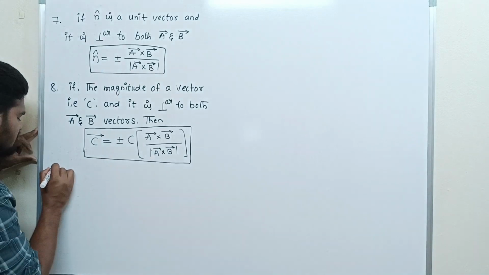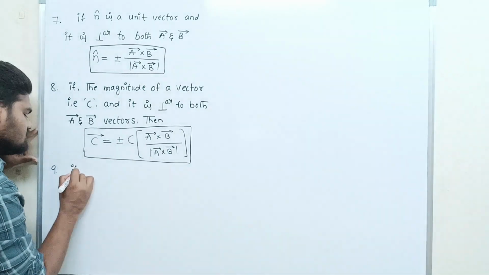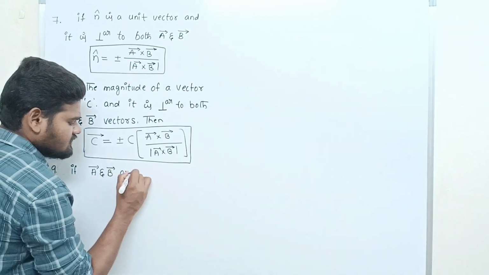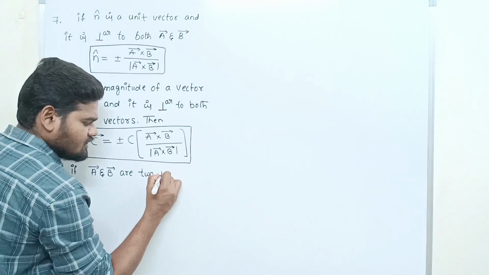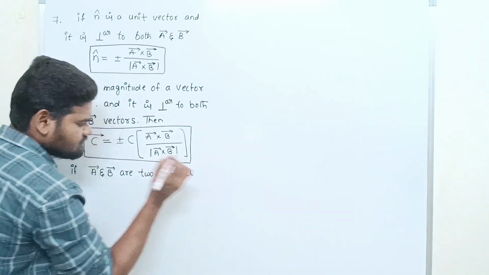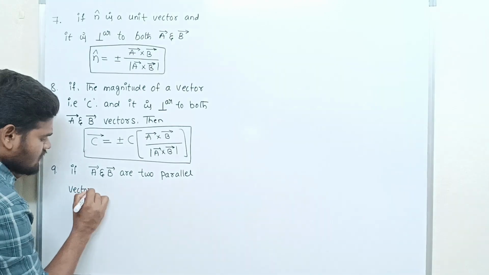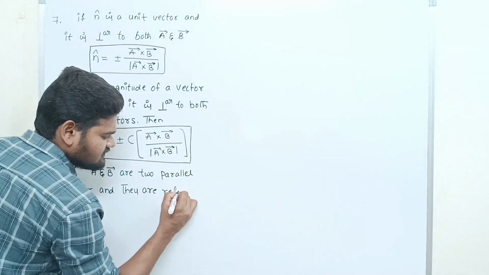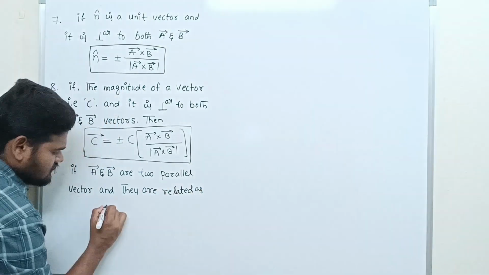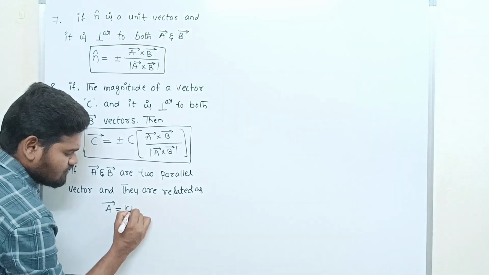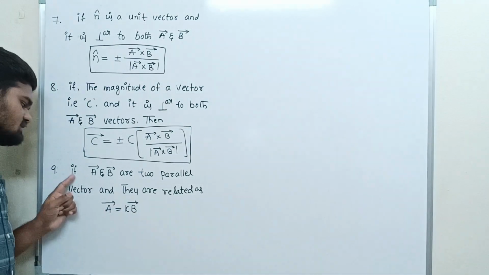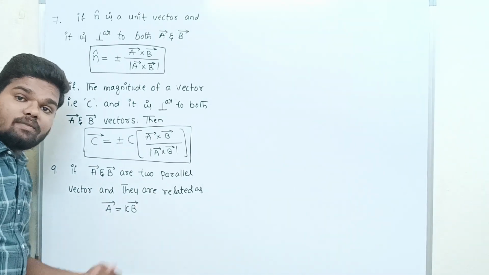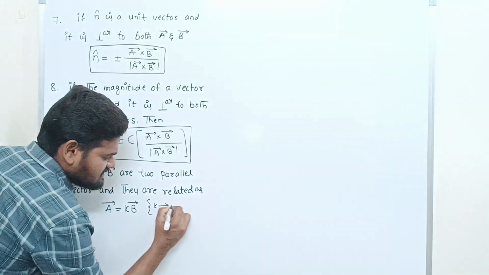Okay, right. So the ninth one: if A bar and B bar are two parallel vectors, and they are related as A bar is equal to K into B bar, where K is nothing but a scalar quantity.